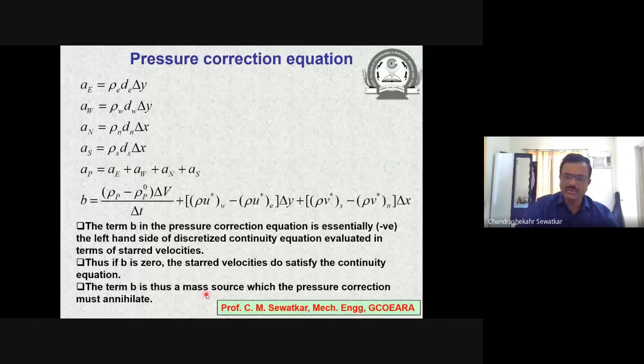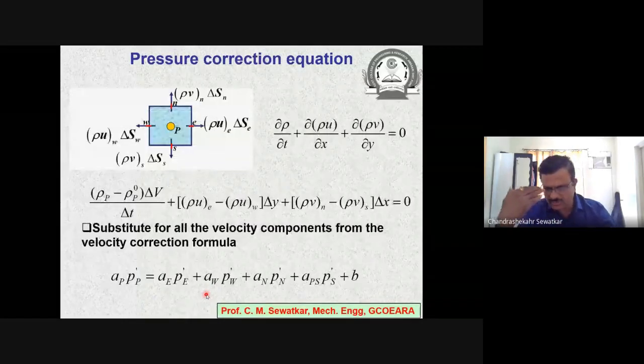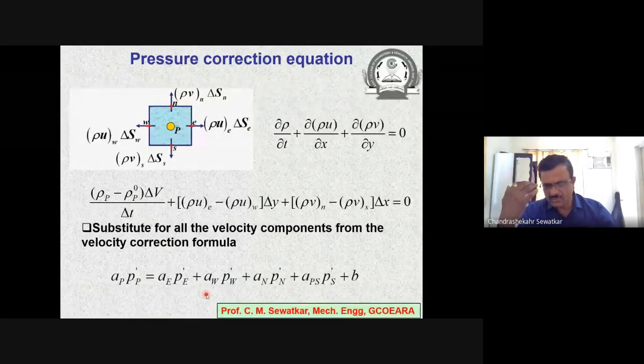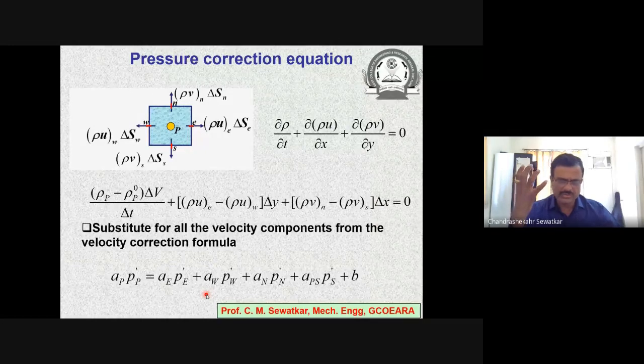So what we do when we actually carry out the simulation, we first assume certain values of pressure, which is my predicted pressure. From that I calculate the gas velocities.